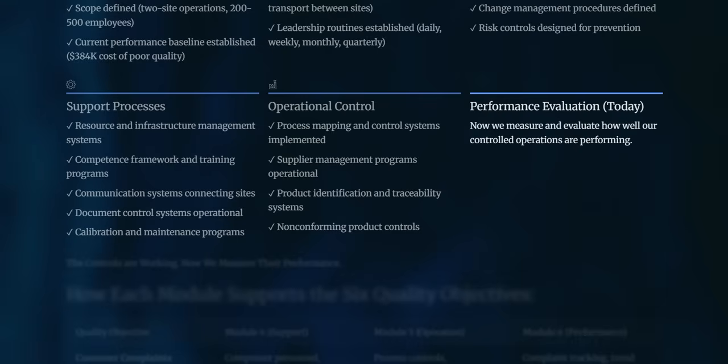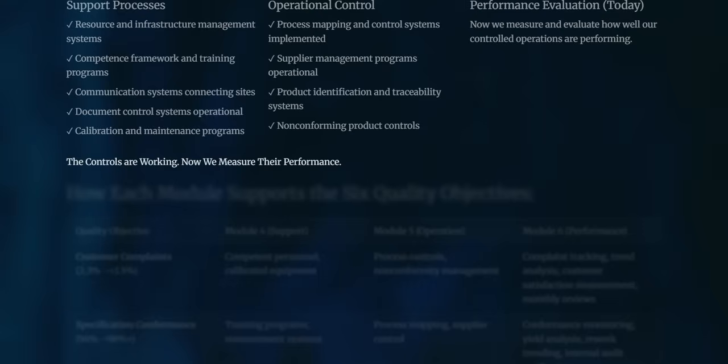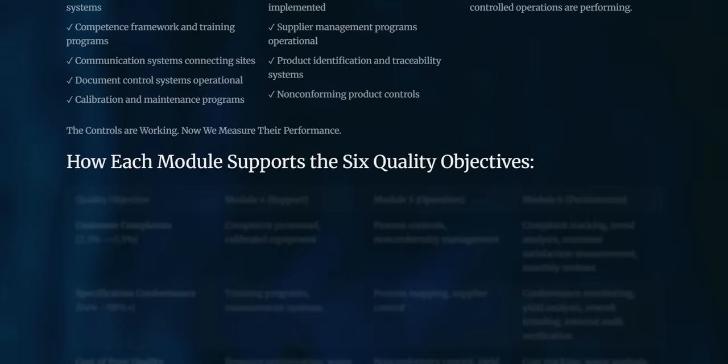Then today, our module, which is performance evaluation, measures and evaluates how well our controlled operations are performing. These controls are working, and now we measure their performance through this module.